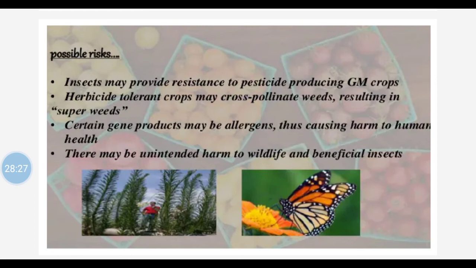As I said, negative impact on environment: the mortality rate of this butterfly is high due to GM foods, and other beneficial organisms in the environment may also be destroyed. There is harm to wildlife also due to genetically modified foods.